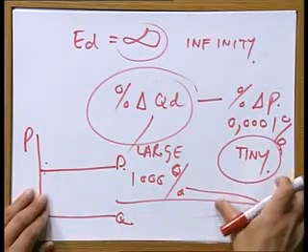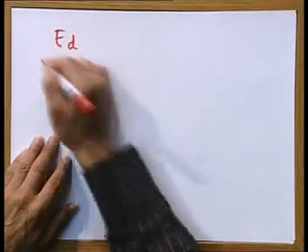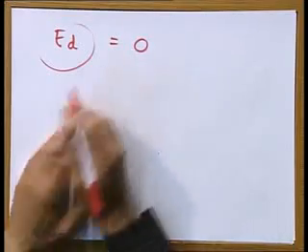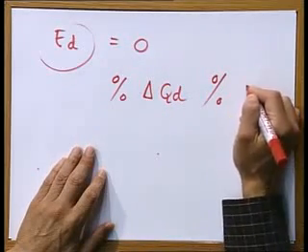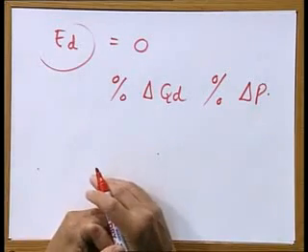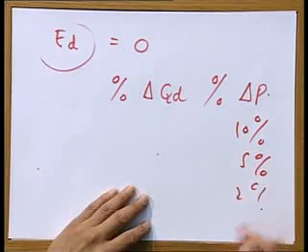This slide is now the important one, the different categories of price elasticity of demand. The last extreme case of price elasticity of demand is where the elasticity coefficient is equal to 0. Now, what is the meaning of that? When it's equal to 0, in terms of your general definition of price elasticity of demand, the percentage change in the quantity demanded versus the percentage change in the price: what will happen if the price changes by any amount, say by 10%, or 5%, or 2%, up or down?